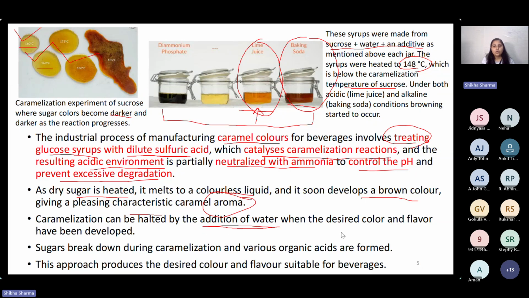When we get the desired color or flavor, we can stop the reaction by adding water. Sugar is broken down during the caramelization, and various organic acids will form.